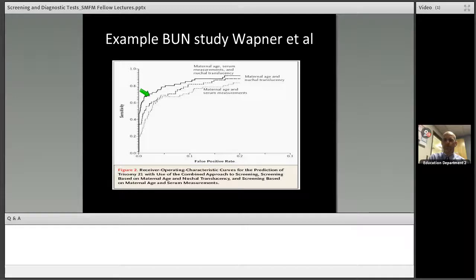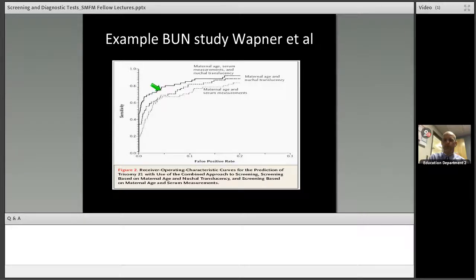And you can see just subjectively, without going into any area under the curve or false positive rate, that this curve here, where you combine the three, was more towards the left of all of the other curves. So it was superior to using just maternal age and nuchal translucency only, or maternal age and serum screening only.